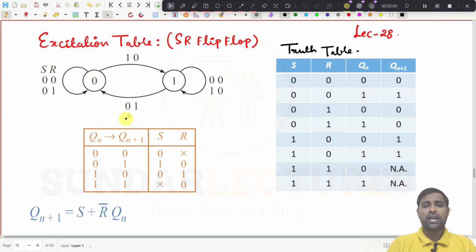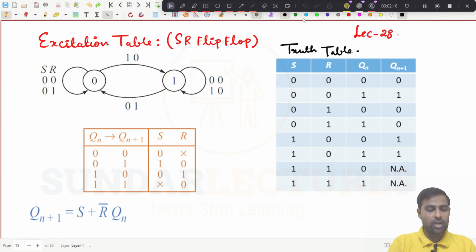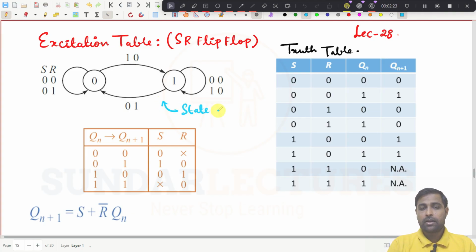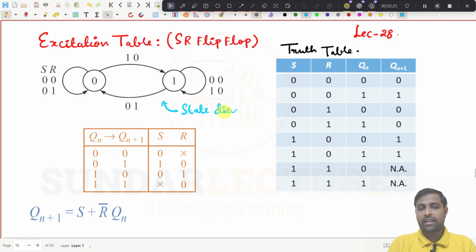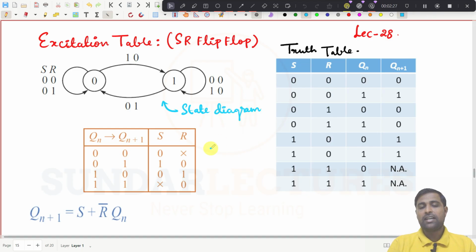This is a state diagram. This diagram will explain what an SR flip-flop will do. We generally call it a state diagram or state representation. What is a state now?